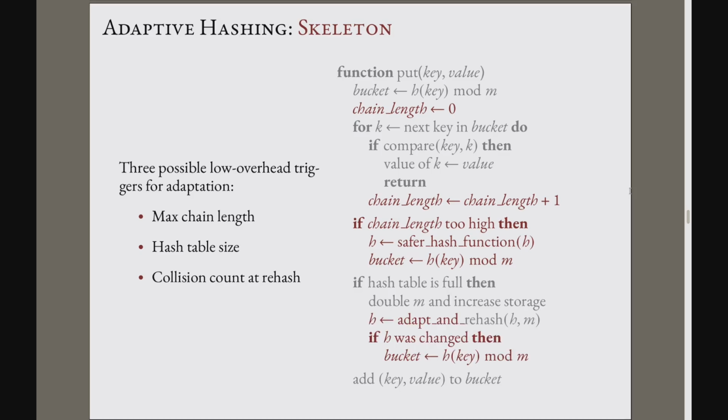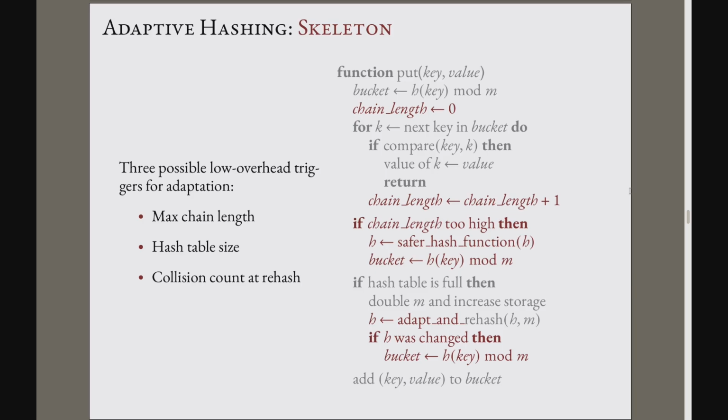Now, if the hash table was full, we normally would double the hash table size and reallocate the storage. Then we do rehashing, which is recomputing all the hashes and distributing the keys to the now larger vectors because the size has changed. Now we do some adaptation at rehash time because it's a convenient time to hide, to amortize some of the adaptation cost that we see later. And if the hash function was changed, then once again we recompute the bucket and add the key value.